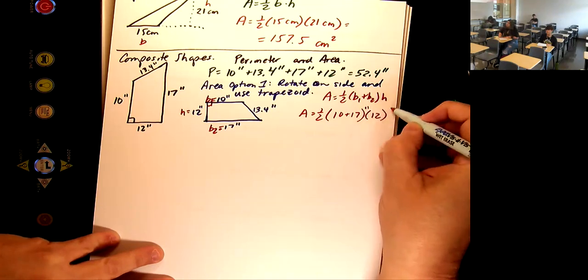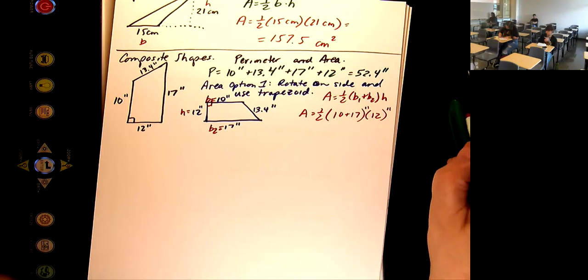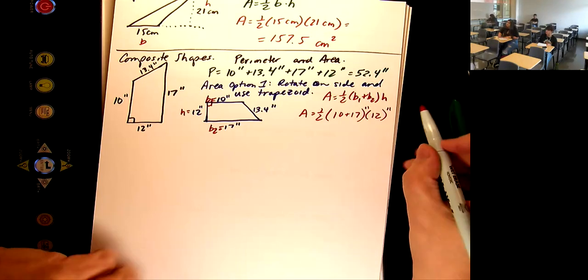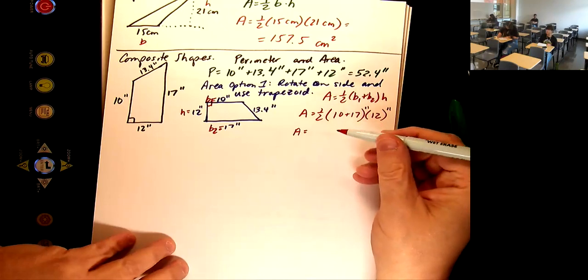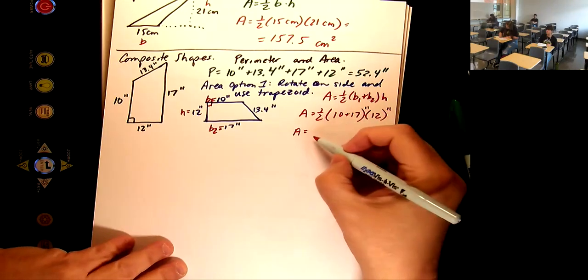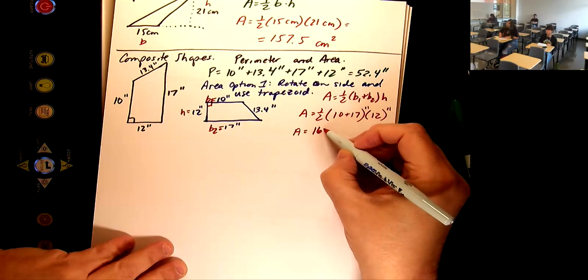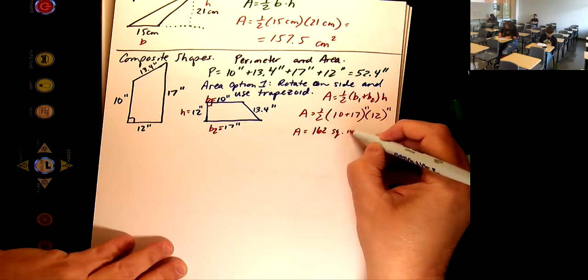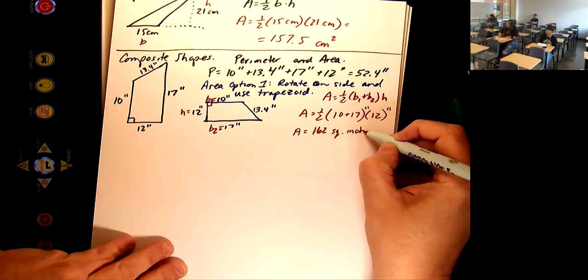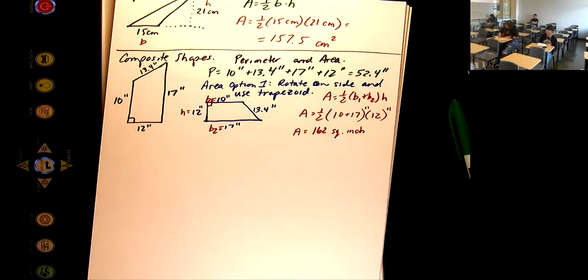And these are in inches and those are in inches. This is 6 times 27, which is 120, and 42 is 162 square inches. I think that's right.